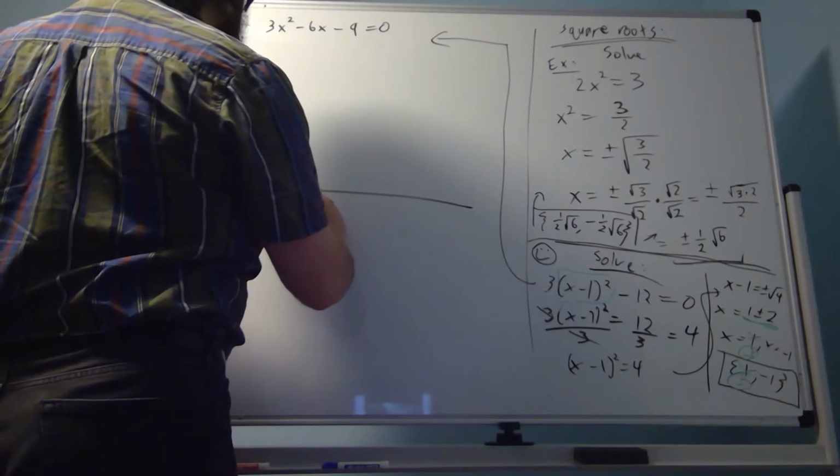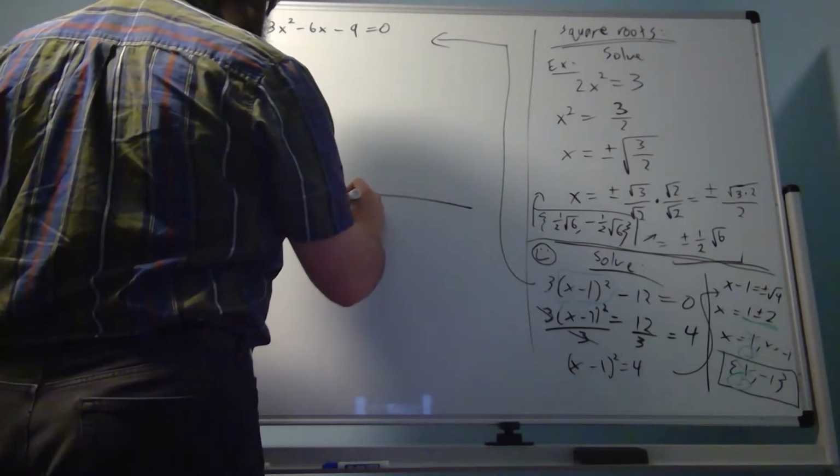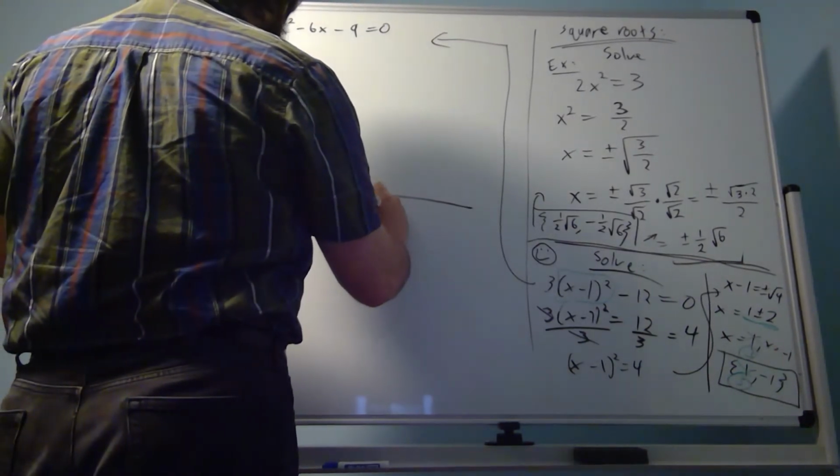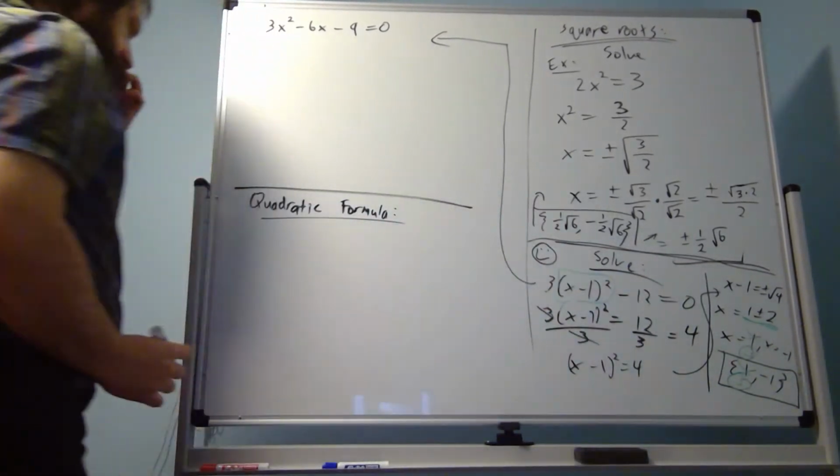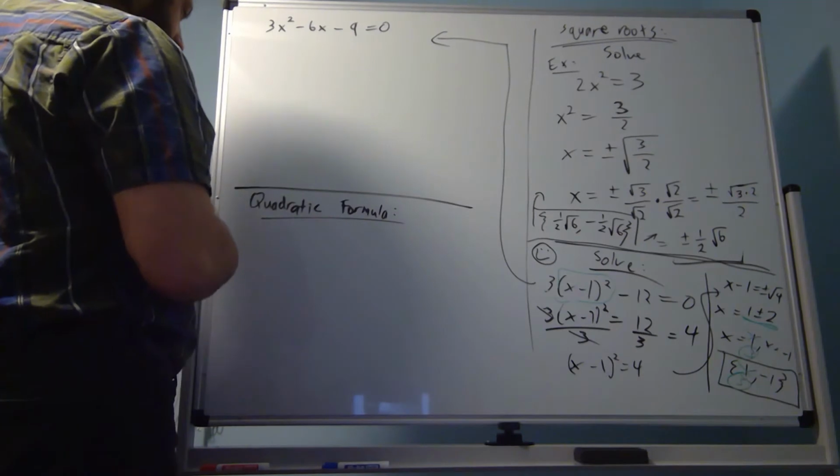And the hardest part about the quadratic formula is memorizing it. Maybe the second hardest part about it is not forgetting about standard form.